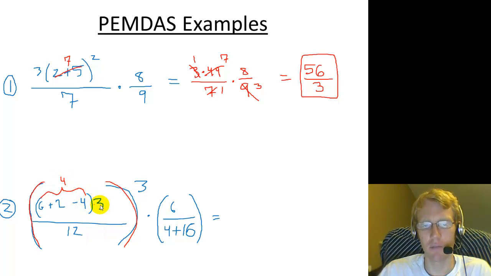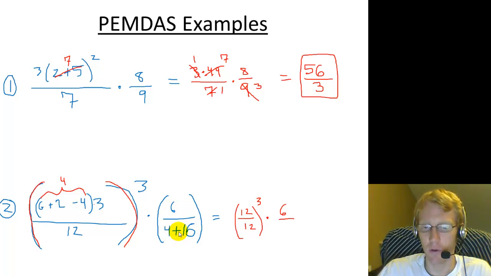So 4 times 3 is 12. So let me just write that in. 12 over 12 to the third power times, and now I have 6 over, inside these parentheses, I'm going to do this part first. The denominator is 4 plus 16, which is 20.